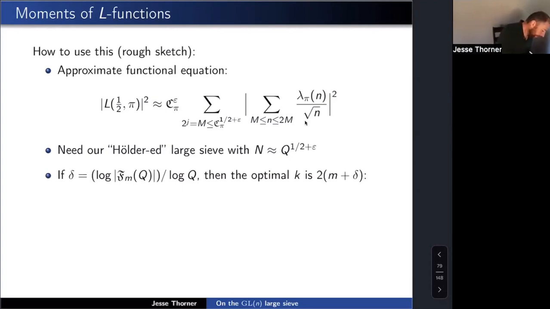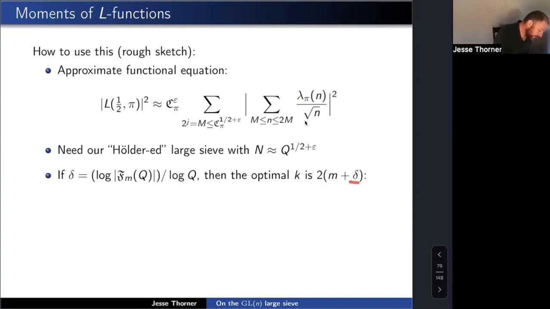And now if I write delta for log of size of family divided by log of q, then I can choose k optimally for this particular choice of n to be 2 times the quantity little m plus delta.